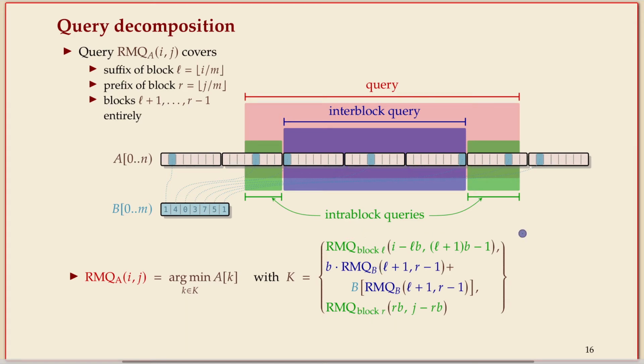And you can work out the blue part as an offset of... you ask the B array for the minimum in this range. Why do I have to add the B times RMQ? That's the block size.